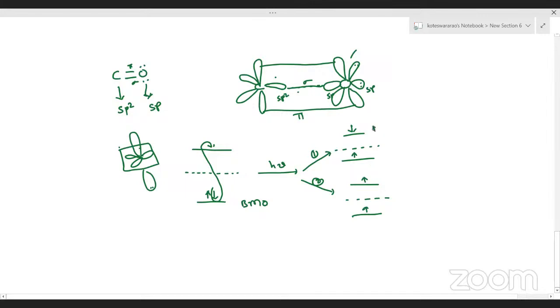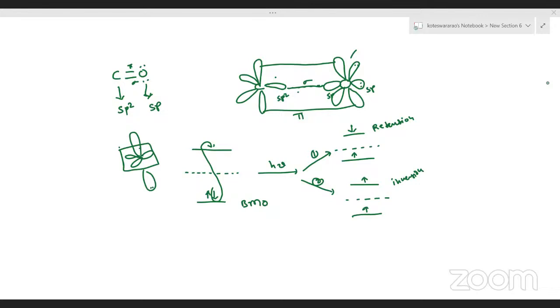Okay, this is called retention. This is inversion. Right. Inversion of spin and retention. What is happening in the inversion and retention? You just simply understand that.